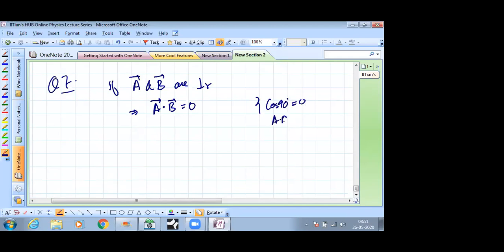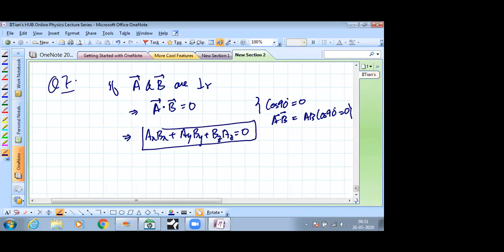So A dot B for 2 perpendicular vectors will become AB cos 90. That will become 0. Okay. So that's very easy. Now if you know the 2 vectors in component form, it means product of x components plus product of y components plus product of z components should be 0. This is the condition for perpendicular vectors. So apply this now in 7th question.